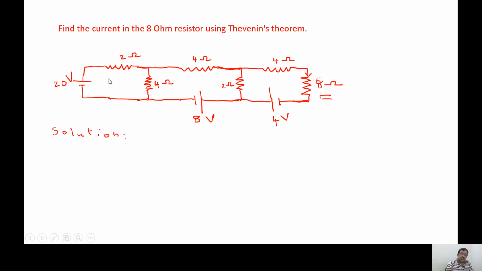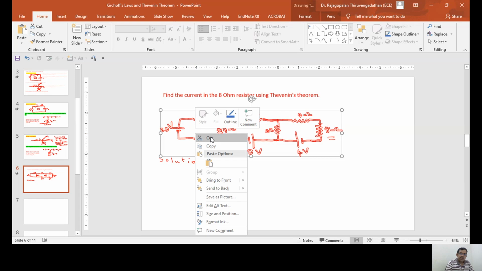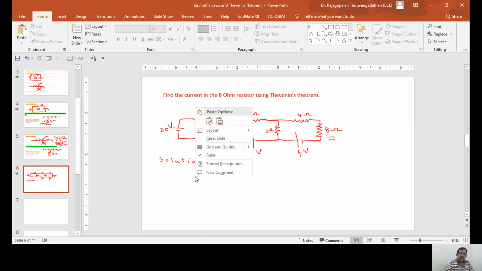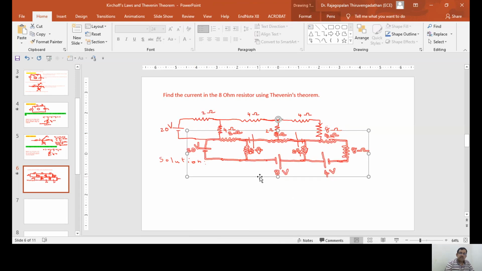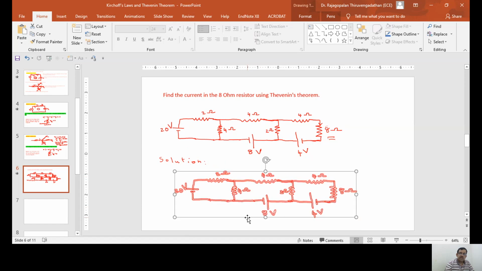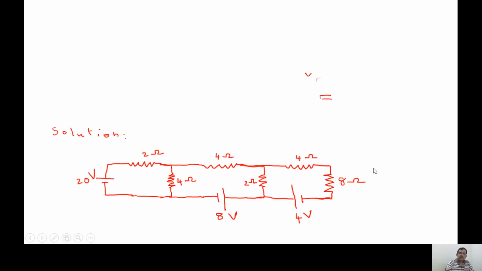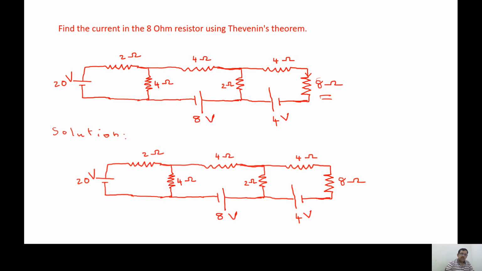I am going to take this circuit and paste it to make use of the digital resources, so this is where we are.